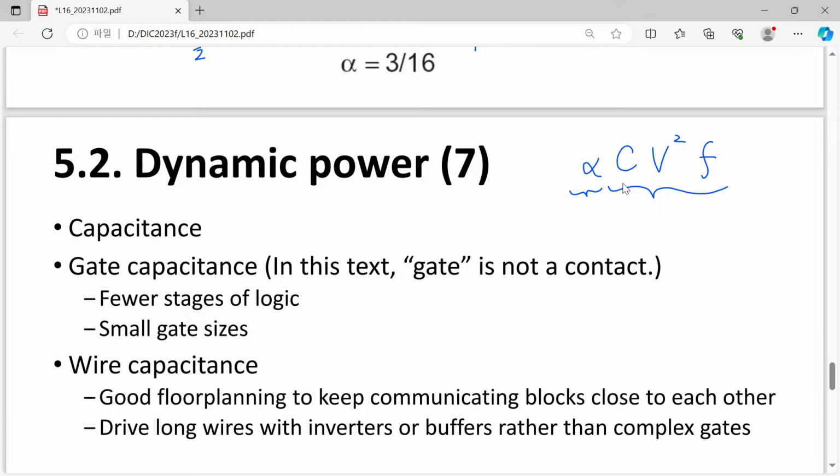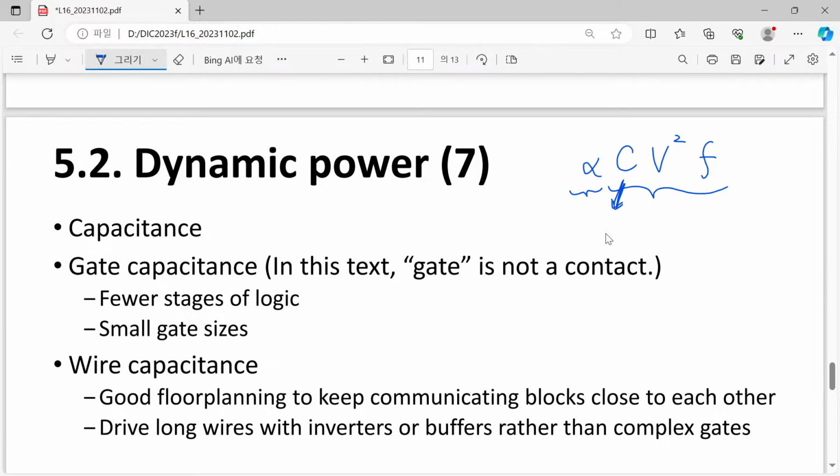And another one is here, we have C values, capacitors. So if you reduce the capacitance, that would be great to reduce your power consumption. But you know that up to now, just before starting our discussion about power, how did you determine this C value?